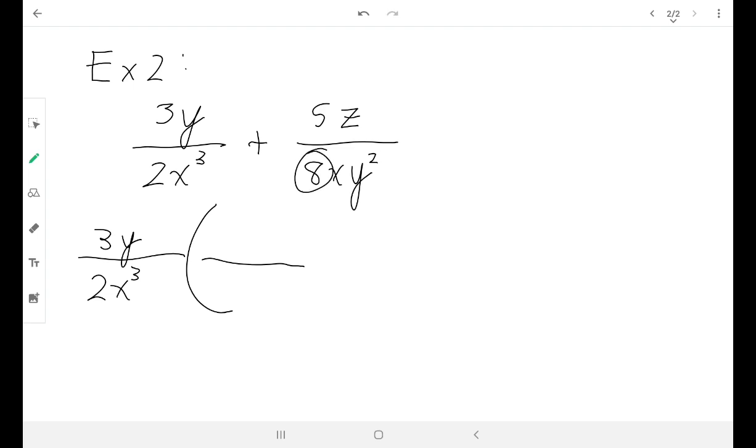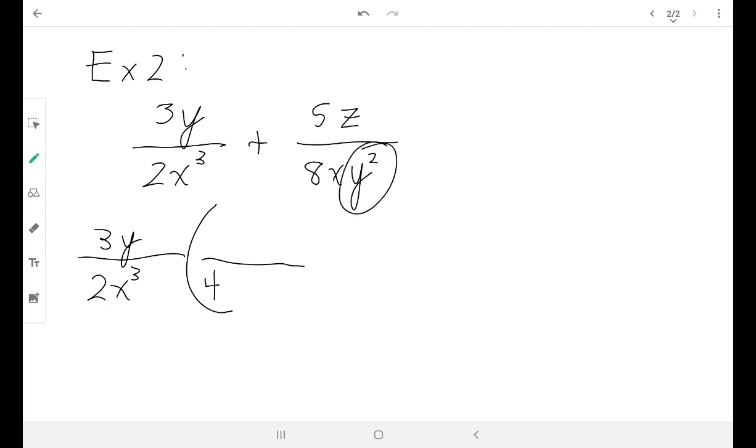So I have an 8 here, a 2 here. If I wanted to, I could turn this 2 into an 8 by multiplying by 4. 2 times 4 will be this 8. I have a single x here. I have 3 x's here, x times x times x. So I don't need any more x's.